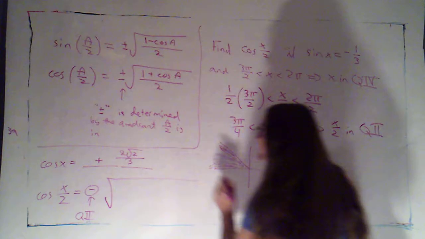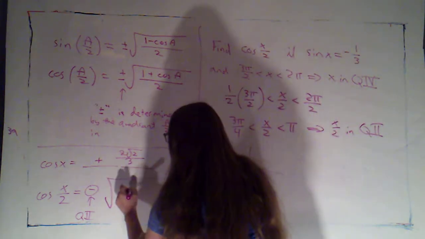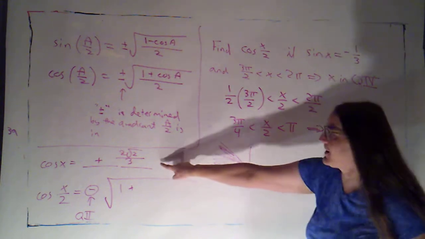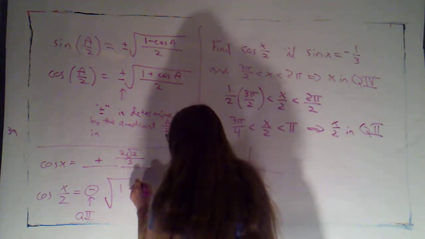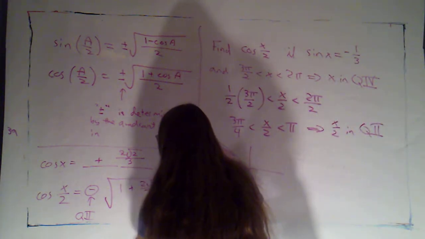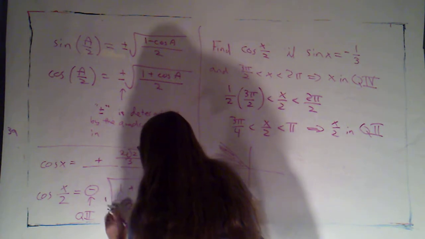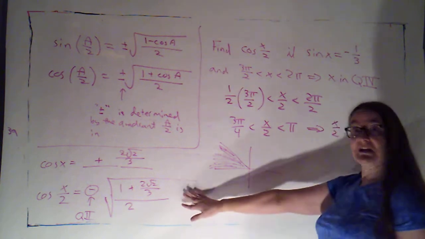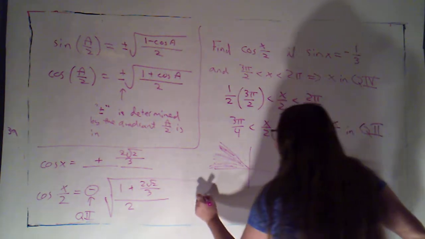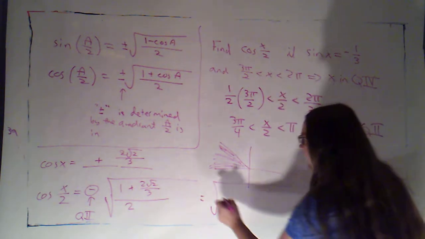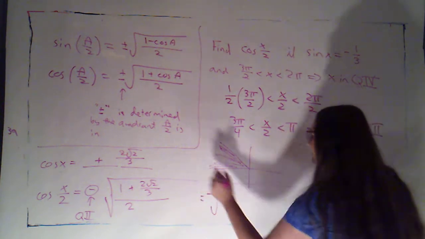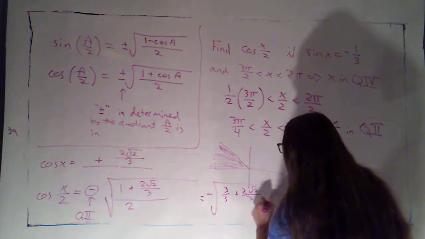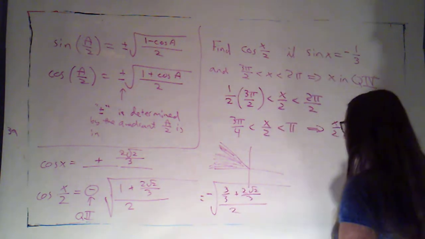What goes under the square root sign is 1 plus cosine of x, which is positive 2 root 2 over 3, all divided by 2. I do need to simplify, so I'm going to rewrite that. There's a negative in the front, and I'm going to rewrite that 1 as 3/3 plus 2 root 2 over 3, all over 2.